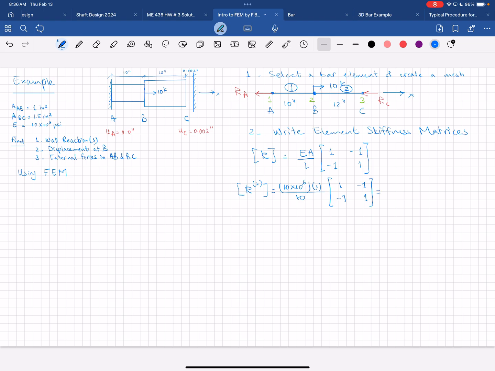This is equal to 10 to the power 6 times a 1, a minus 1, a minus 1, and a 1.